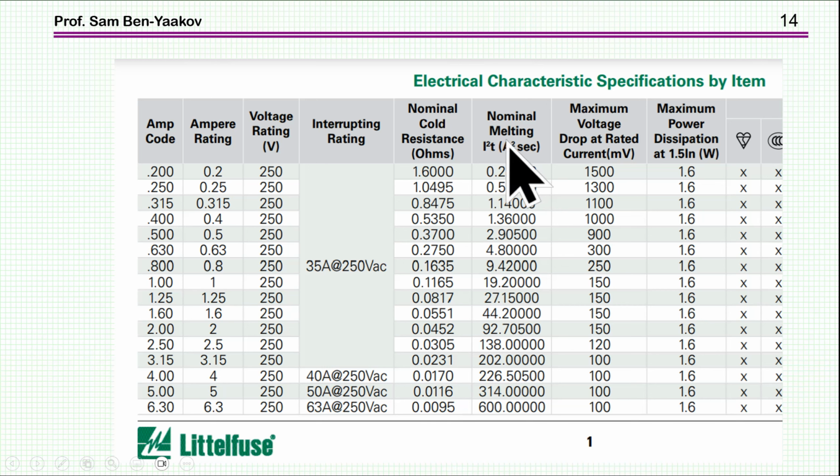And then we have a nominal melting I2t, so it's 600 I2 times t. And then it says something about the voltage drop on the unit at the rated current, which is 6.3. And then it also says the maximum power dissipation at 1.5 of the current, which is 1.6 watts. Again, this is similar to what I've done in simulation, but it's not exactly.